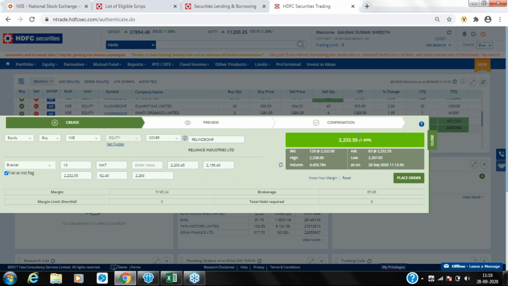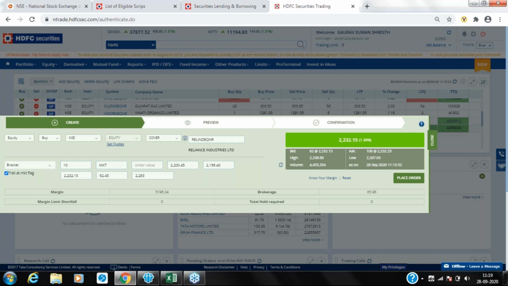So if the order gets executed at the 2232 level, the stop loss will start to trail from this level only. If the market goes 1 rupee higher, the stop loss will move 1 rupee higher. If the market goes 2 rupees higher, the stop loss will move 2 rupees higher. So I hope this trailing order feature is also very clear.